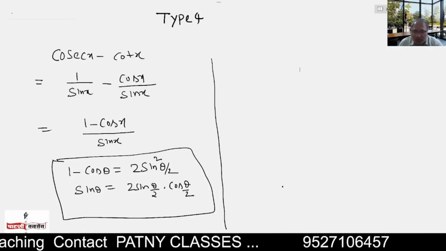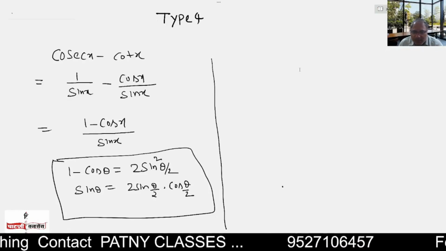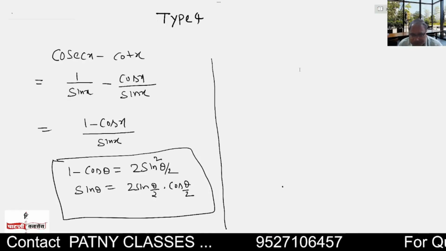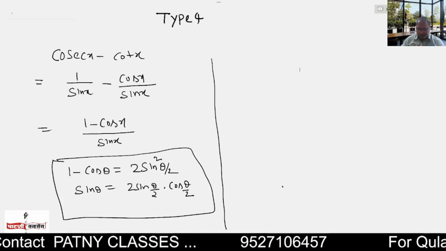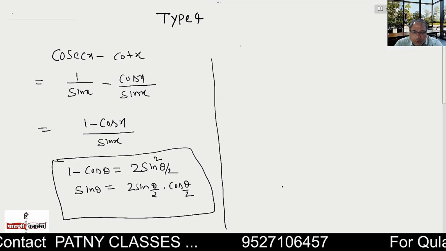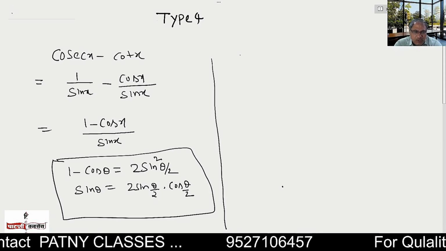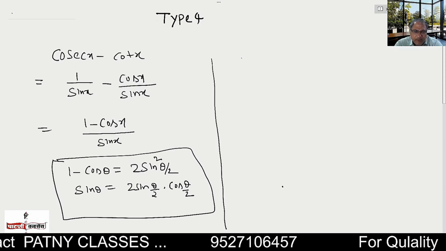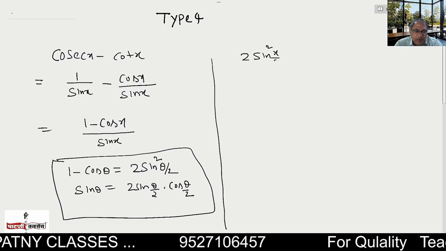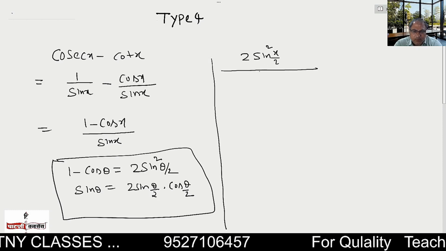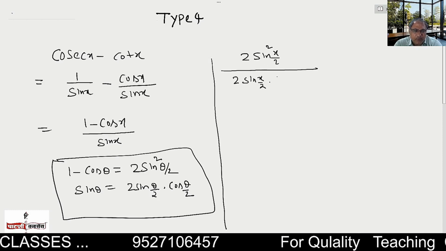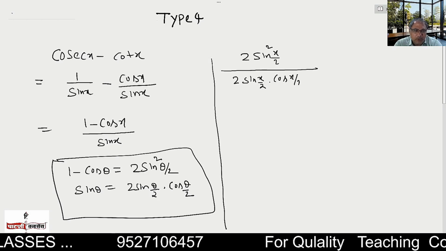Similarly, cosec x minus cot x can be simplified. Next step, 1 minus cos x can be written as 2 sin square x by 2, and sin x can be written as 2 sin x by 2 dot cos x by 2.